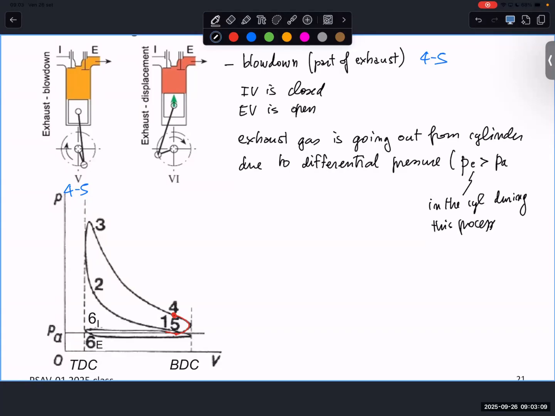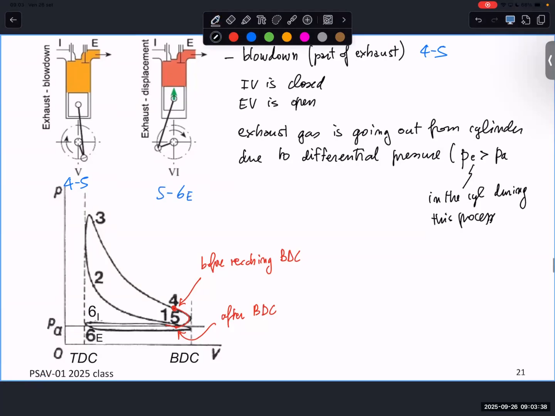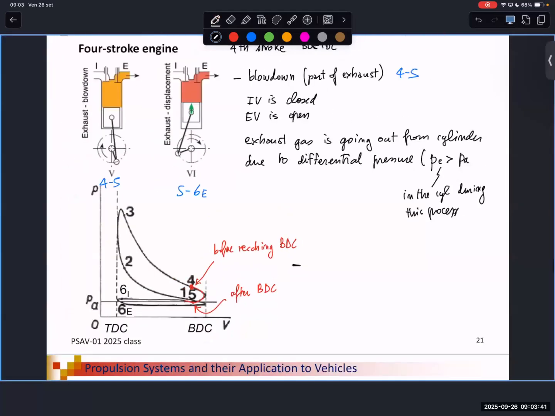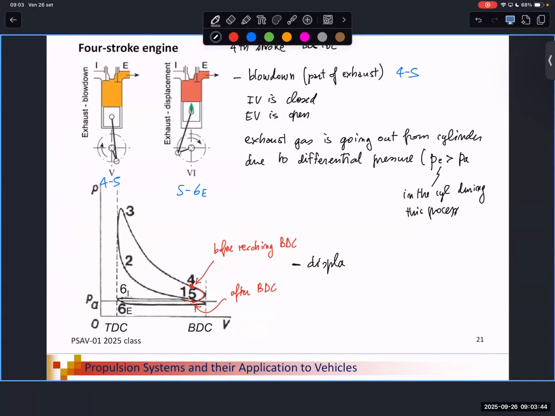So 4 is before reaching BDC, 5 will be after BDC. And displacement is occurring between 5 and 6E. So we can call it the displacement part of exhaust.